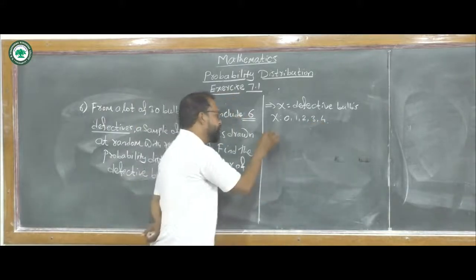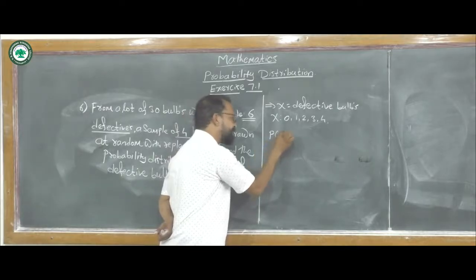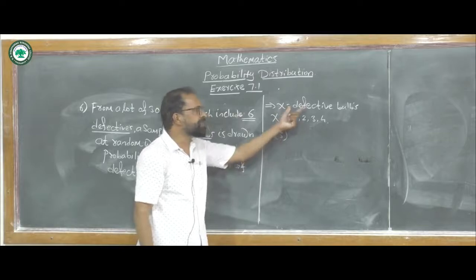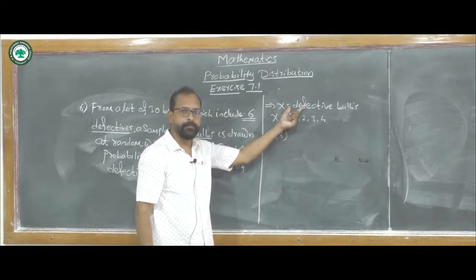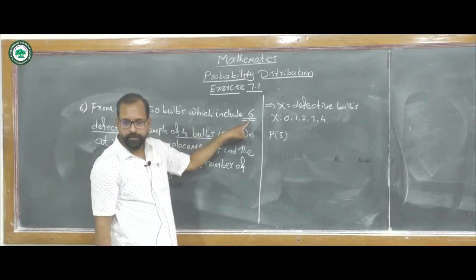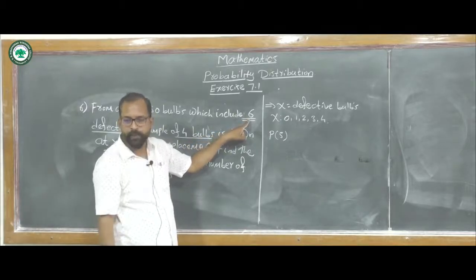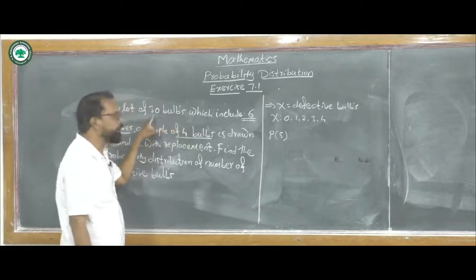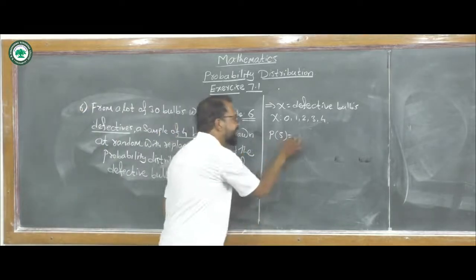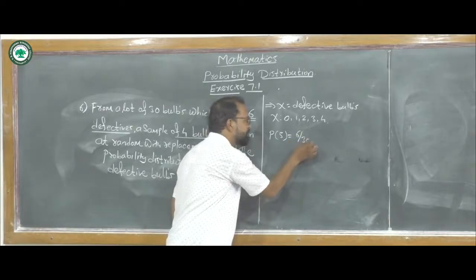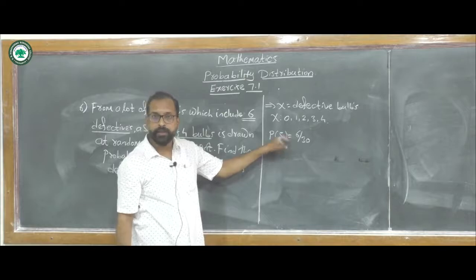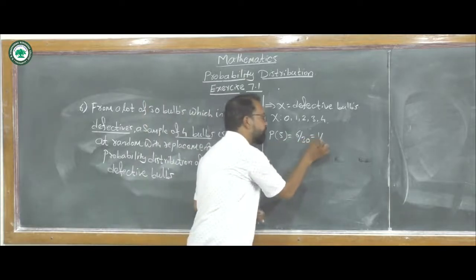Now if we define S as a success, here success is that a defective bulb is selected. Now there are 6 defective bulbs out of 30, so the probability of success is 6 upon 30, that is 1 upon 5.